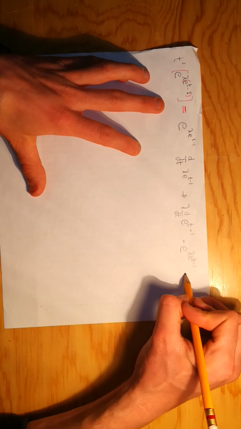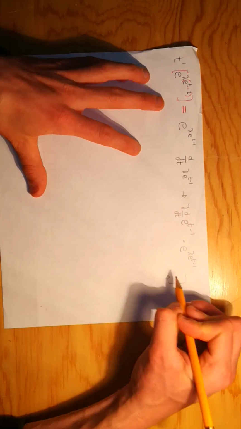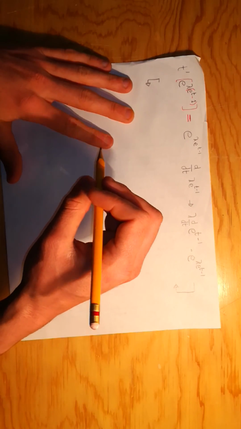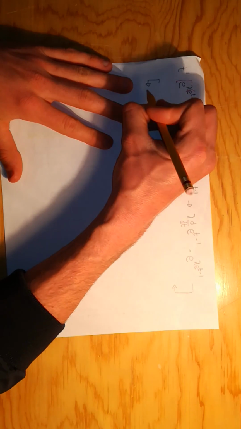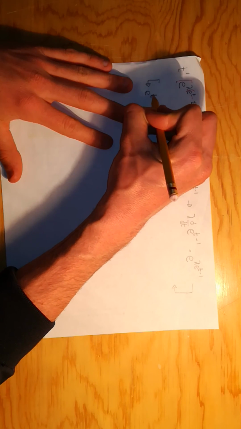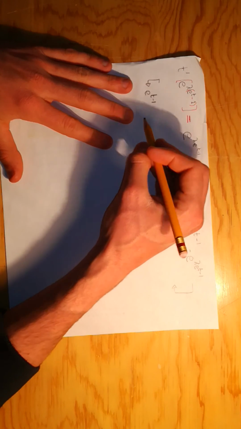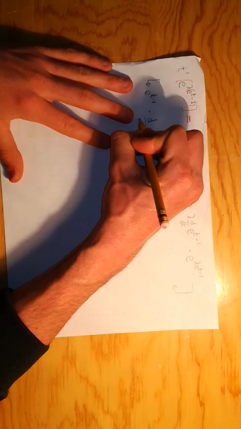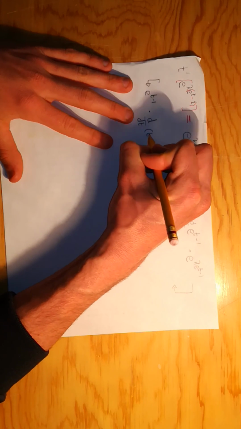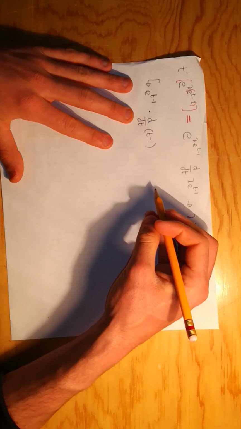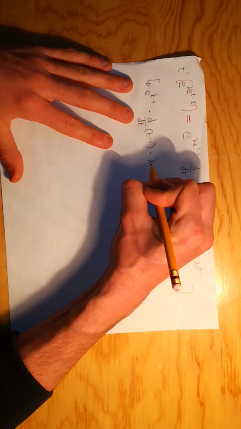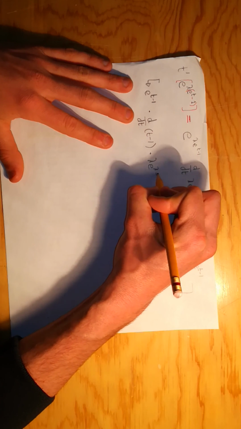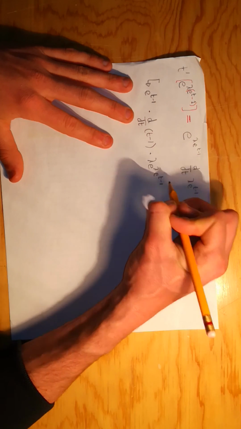Okay, after this we can compute the rest of the derivative, which is e^(t minus 1) times the derivative of the exponent t minus 1, times lambda e elevated to the lambda e^(t minus 1).